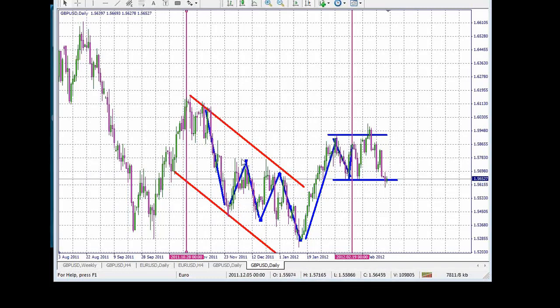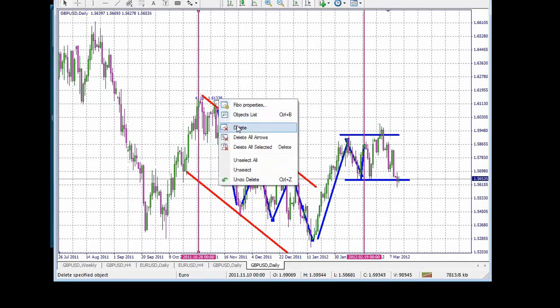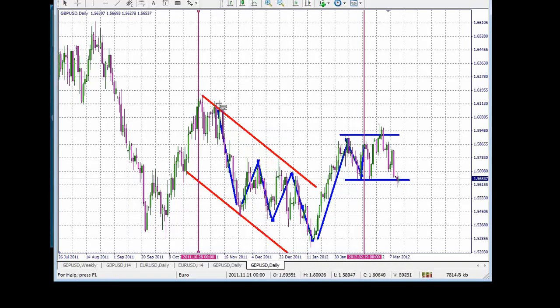The second wave is easier to identify because usually the second wave is at one level of Fibonacci. You can consider putting the Fibonacci from this.